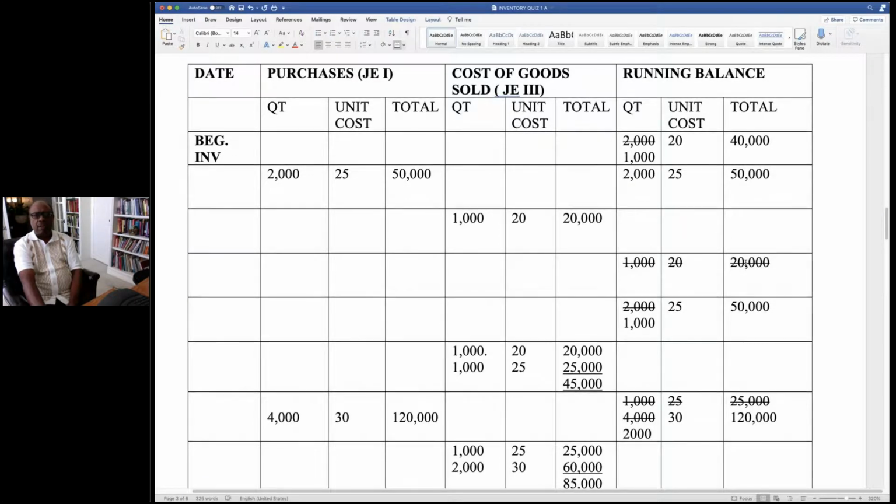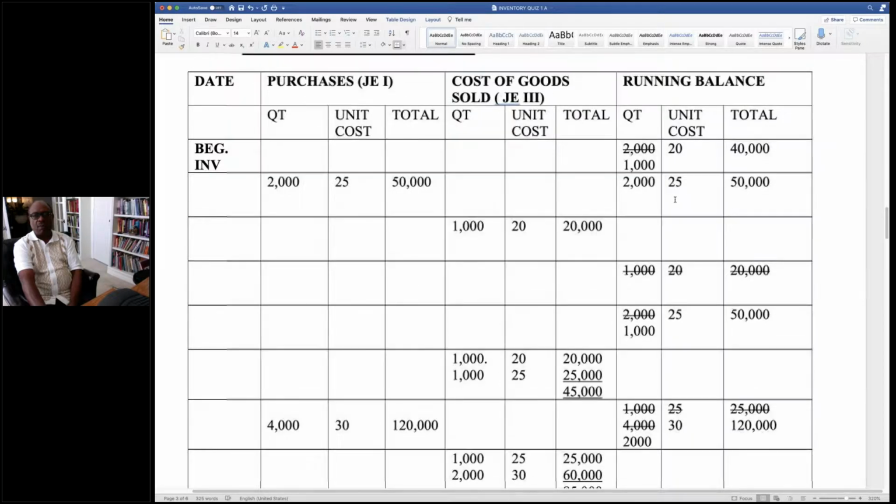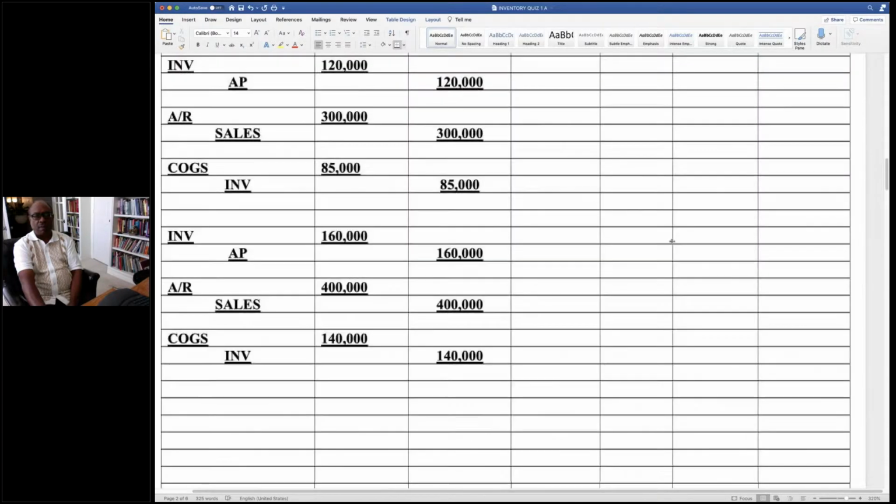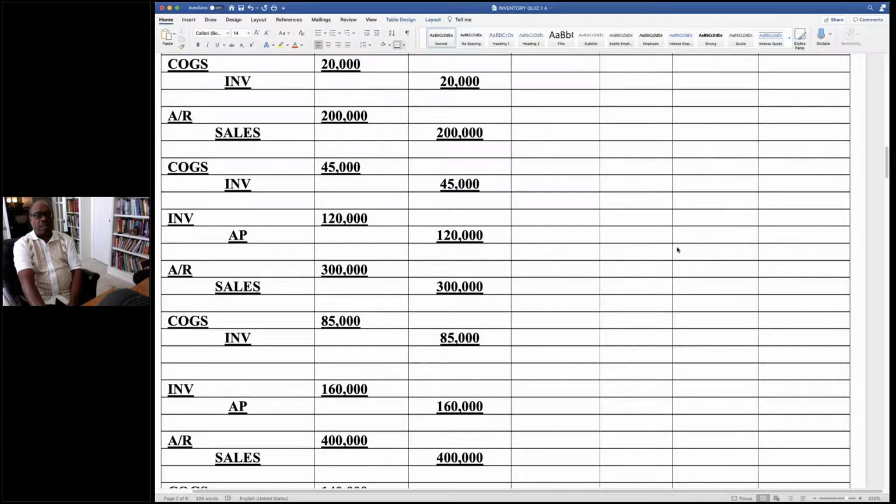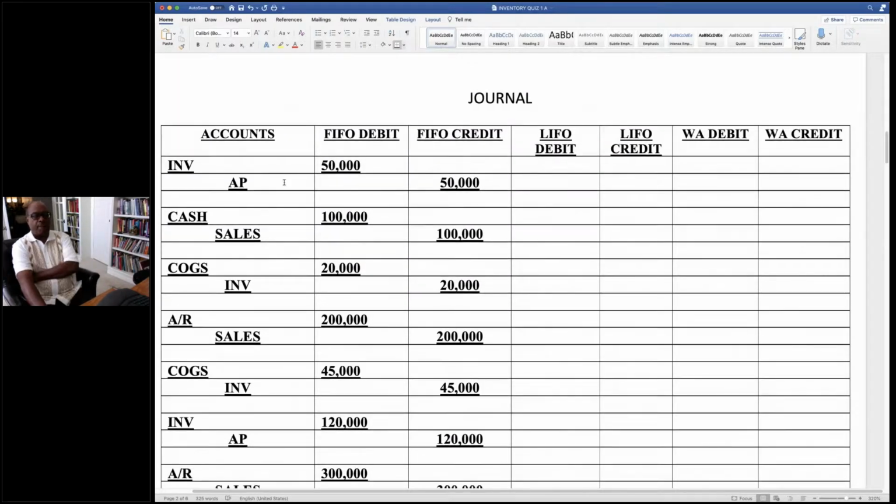On the assignment that we have, we're doing all three on that same journal, but all the inventory sheets are separate. Journal entry 1 for purchasing the inventory, journal entry 2 for the sales, same dollar amounts go all across.